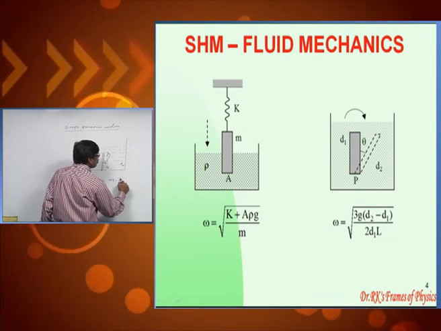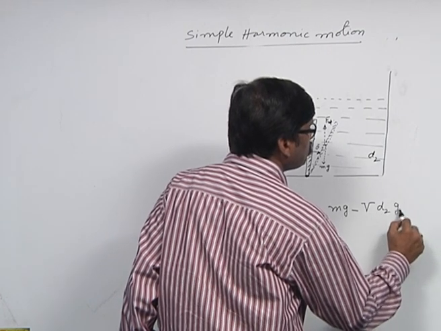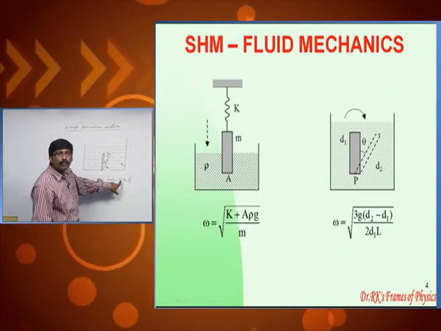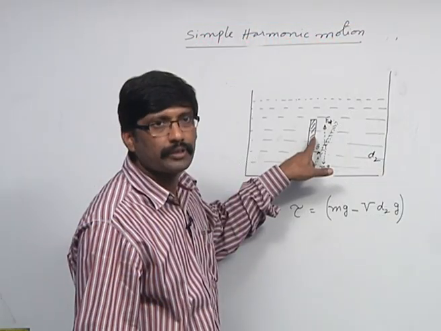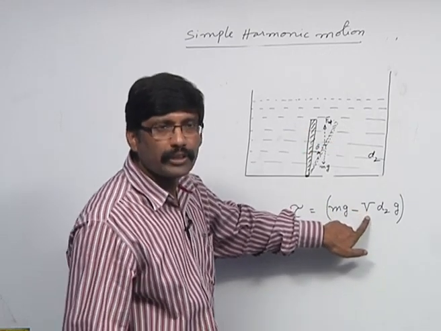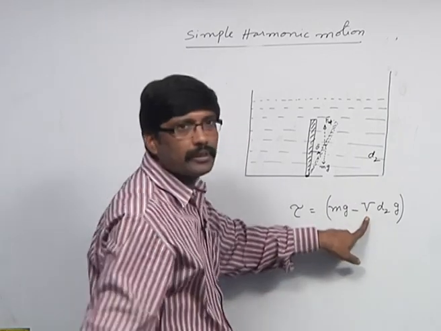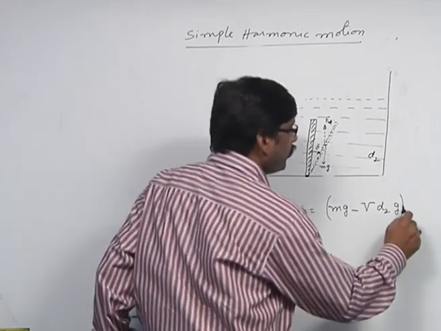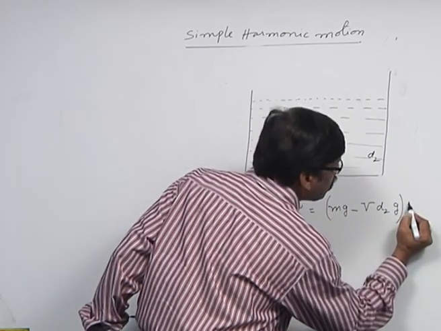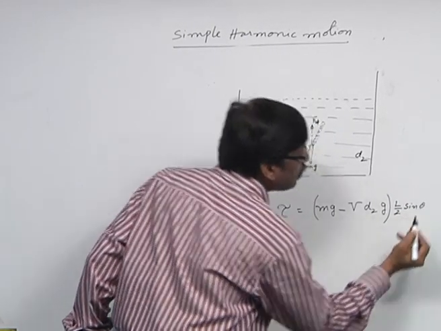What is upthrust? V d2 g. What is V? Volume of the liquid displaced by this object. When the object is completely immersed, it is nothing but the volume of the solid. We can write volume of the solid as mass of the solid divided by its density. Into arm. What is this perpendicular distance? Perpendicular distance is L by 2 into sin theta.